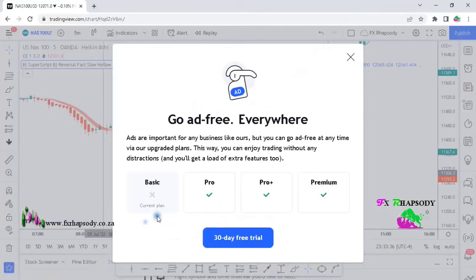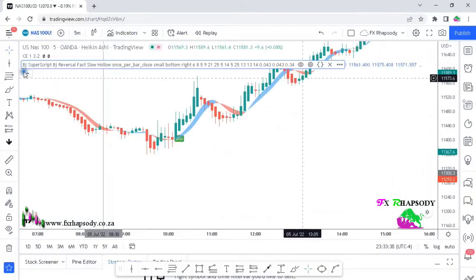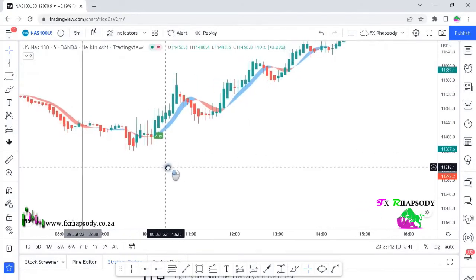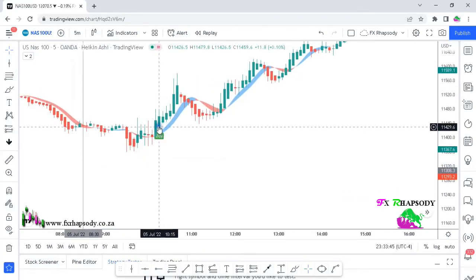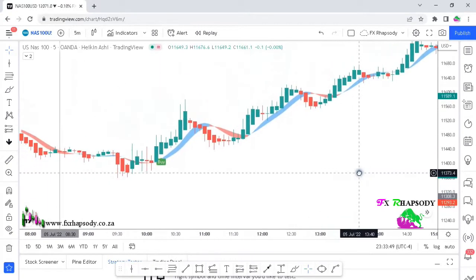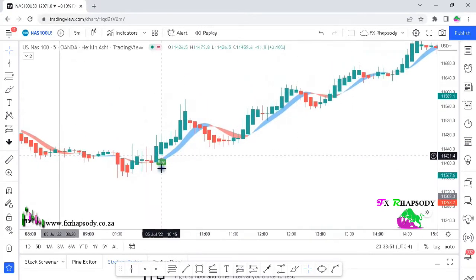So with the 2 indicators now, how it works is every time a buy signal appears, I'm just going to zoom in a little bit for you. Every time a buy signal appears on the chart and the Heikin-Ashi candles are above the blue, this is time to buy.